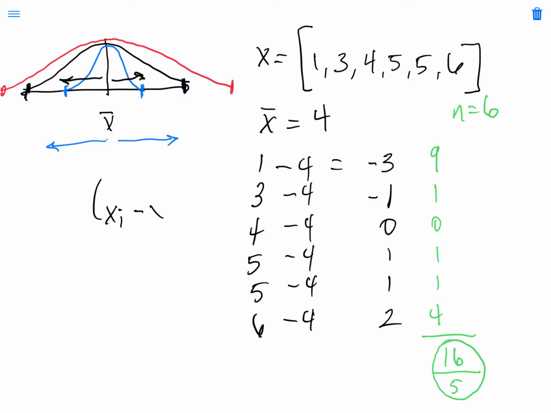So let's look at what we've done here so far. We've taken each individual value for x, and we've subtracted from it the mean, and then we squared it, and then we summed it up, okay? And then we're going to divide this by n minus 1 instead of by n to give us a little bit of cushion.